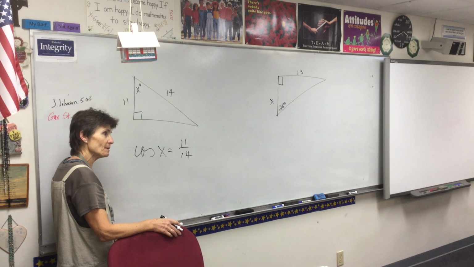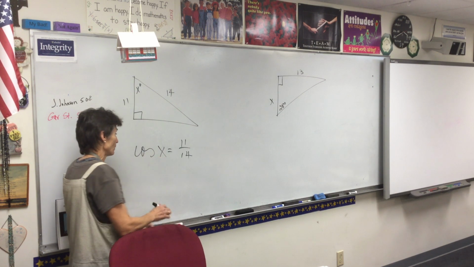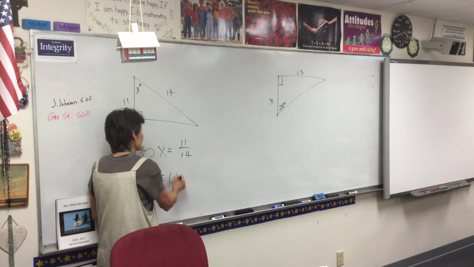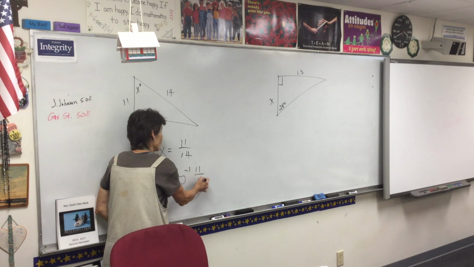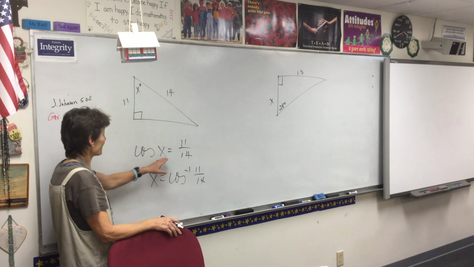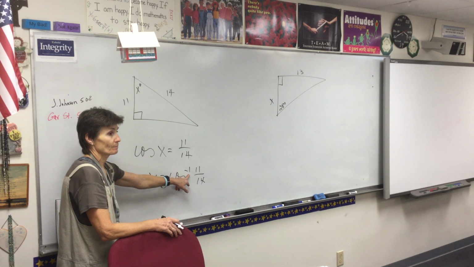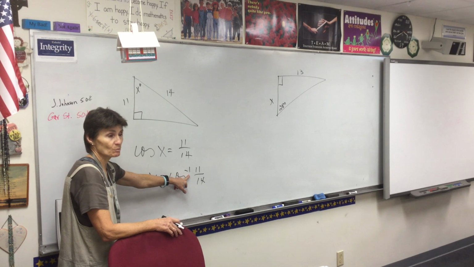Now, what do I type into my calculator? Be careful. The angle is the variable, so I need to do second cosine 11/14. Remember, when x is the angle, you have to use your special buttons. It's the only time you use them, but that's when you use them.